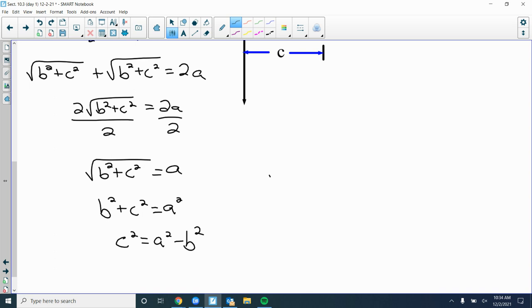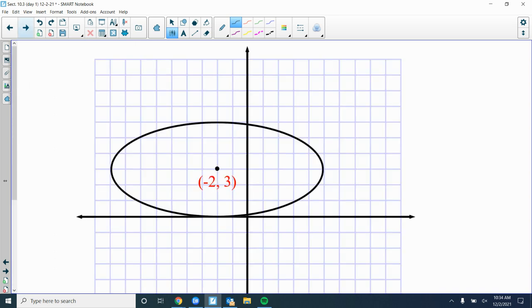All right, now before we get to that next one, I want you to just take a look at that. What would the equation of that ellipse be? Look at what you got at the top. Look at what you got on the screen. What would the equation of this ellipse be? How do we figure that out?